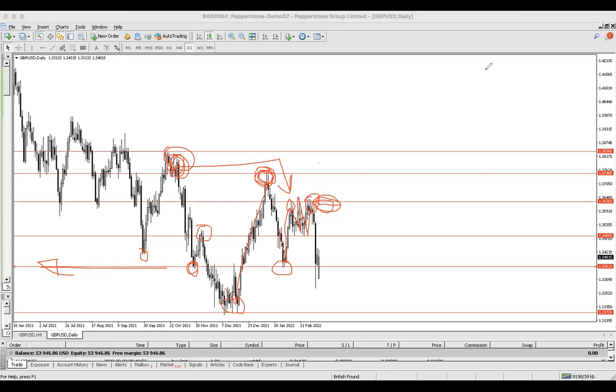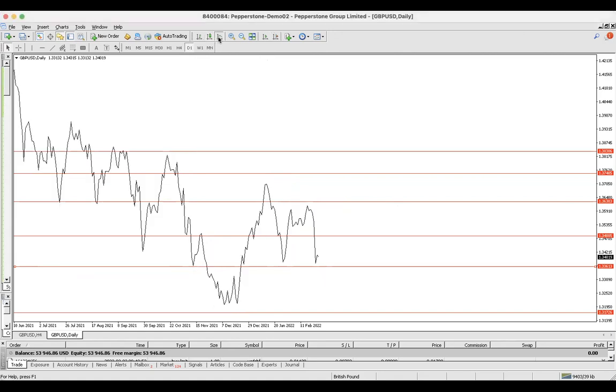So for you to be able to figure out how to draw support and resistance on a chart, I personally use the line chart, all right? On my line chart, I will connect these areas.